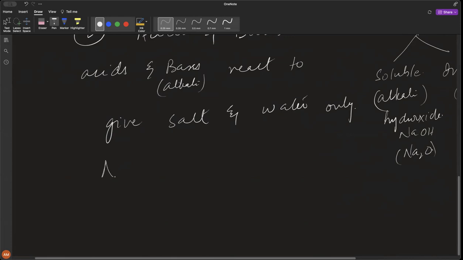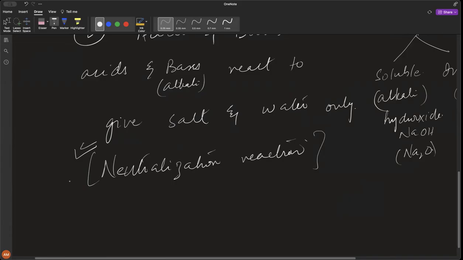This reaction is also called a neutralization reaction, something very important.